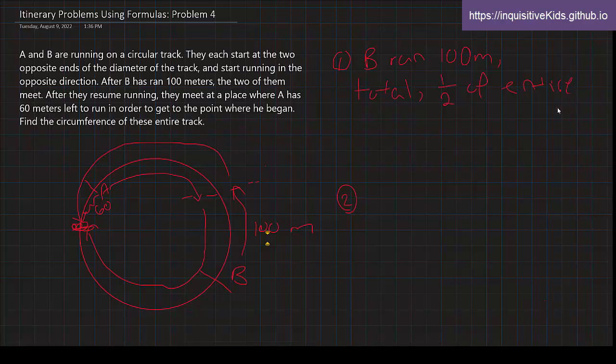Okay. Now after we look at this third one right here, we don't know exactly how much B ran or A ran, but we do know that their total was 1 1/2 of the entire track. So since their speed doesn't change, you can really see the ratio here.